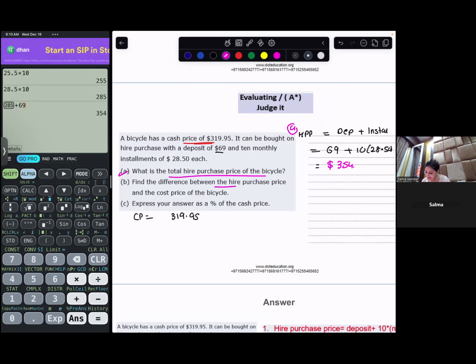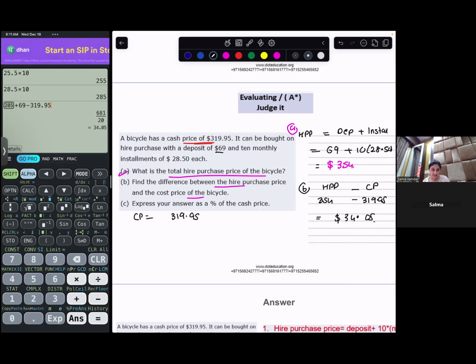Find the difference between the hire purchase price and the cash price of the bicycle. Hire purchase price is 354. Cash price of the bicycle is 319.95. The difference between the hire purchase price and the cash price is 34.05.